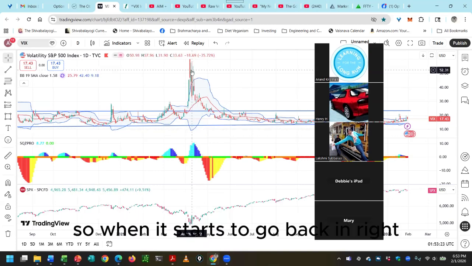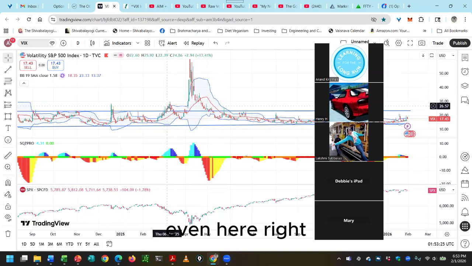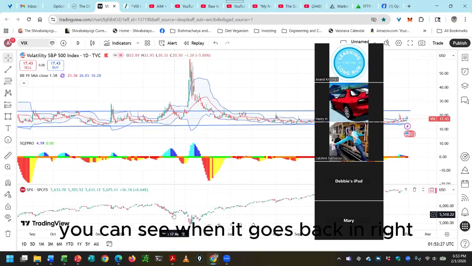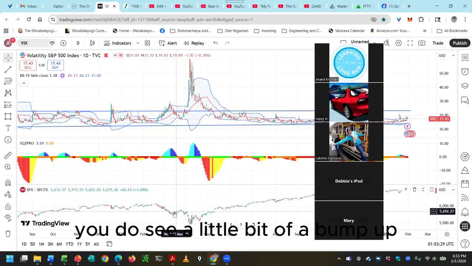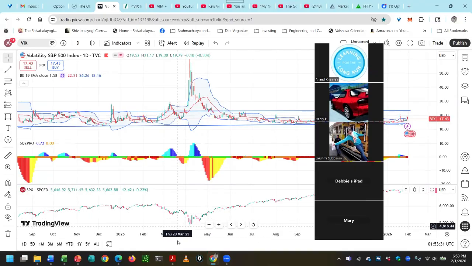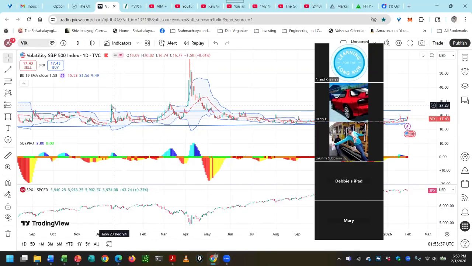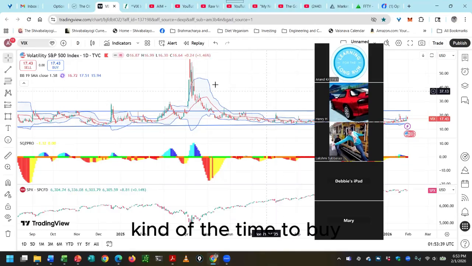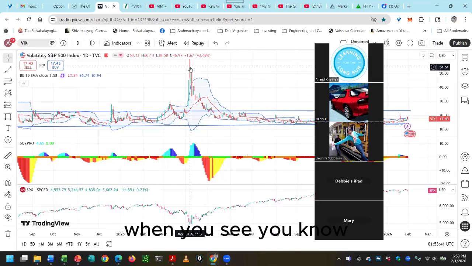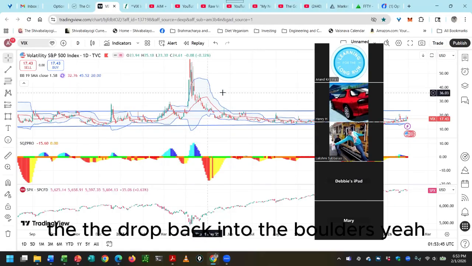So when it starts to go back in, even here, you can see a little bit of a bump up. So that's kind of the time to buy, when you see the drop back into the Bollingers.